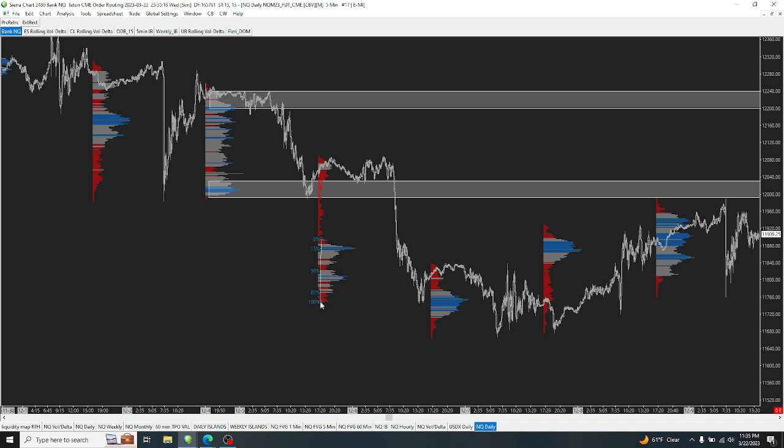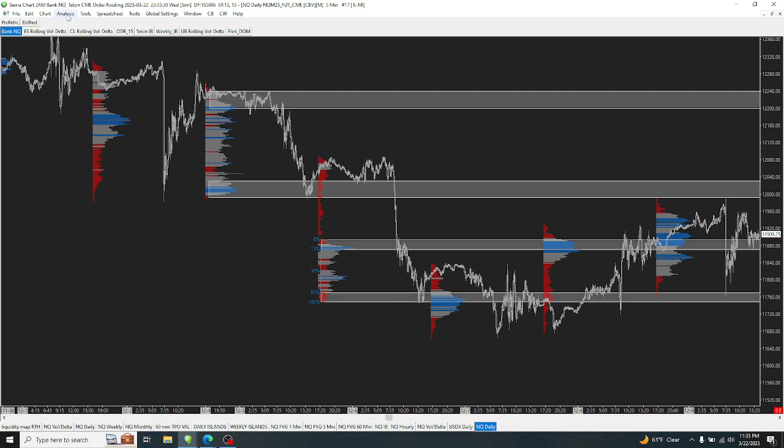Then getting into this profile here for this day, just looking at this HVN, we'll chart this up real quick. Then we can talk about trade ideas on this move. Actually, let me delete this one. I would almost consider this one as well.